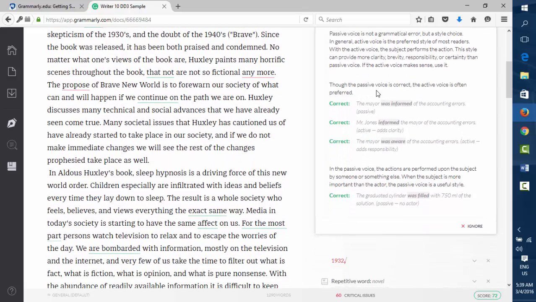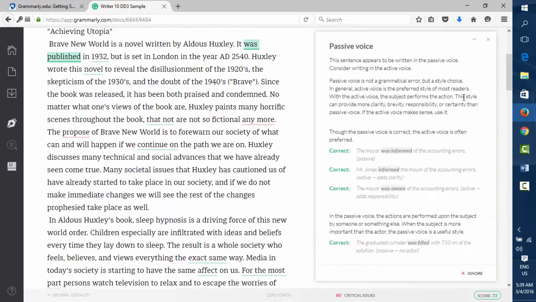This one has all correct, because they're telling you examples of passive voice. Okay, but they'll also go ahead and, if it's a rule, they'll show you correct usages and incorrect examples.